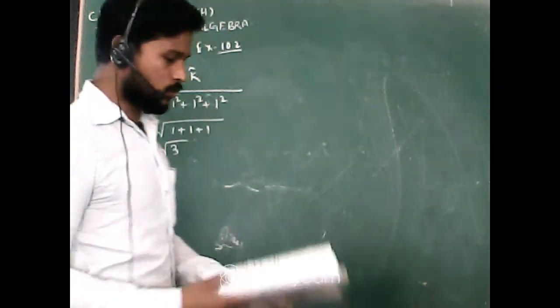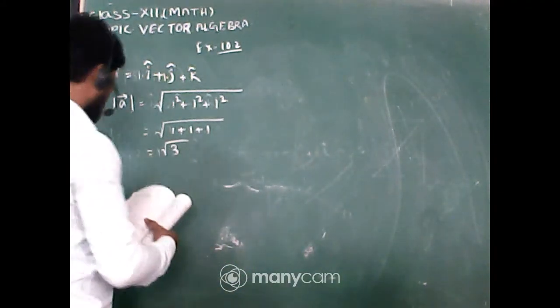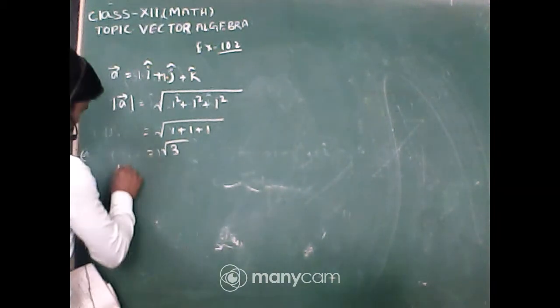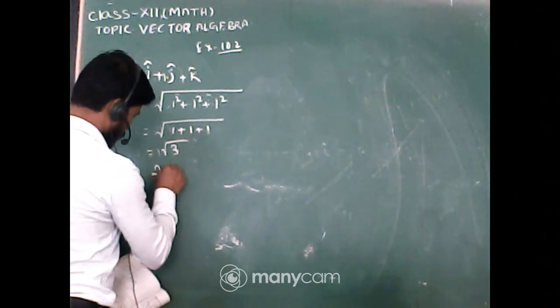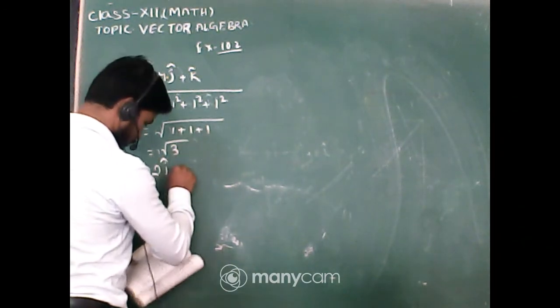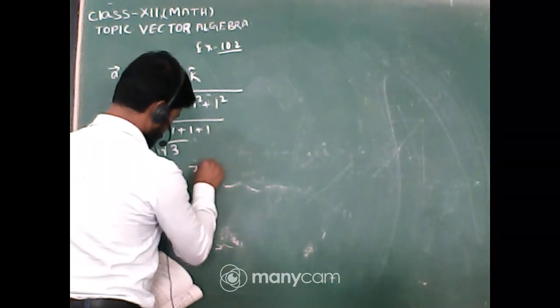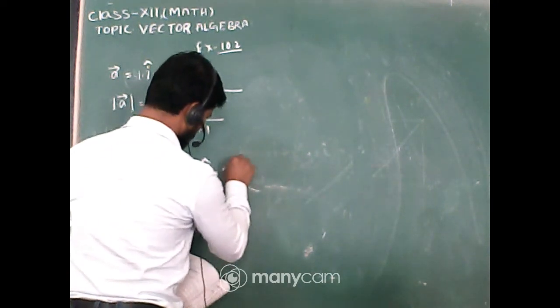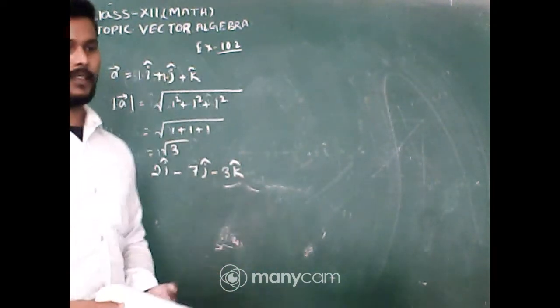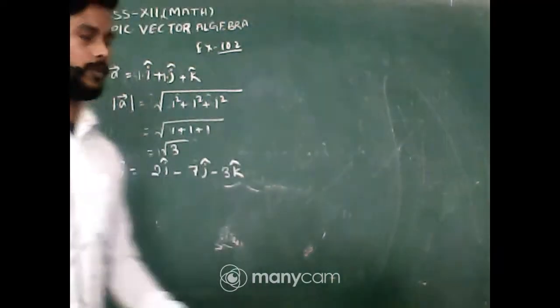Okay, I am choosing another problem, B. B is a vector whose value is given as 2i hat minus 7j hat minus 3k hat. We have to find the magnitude of this vector.